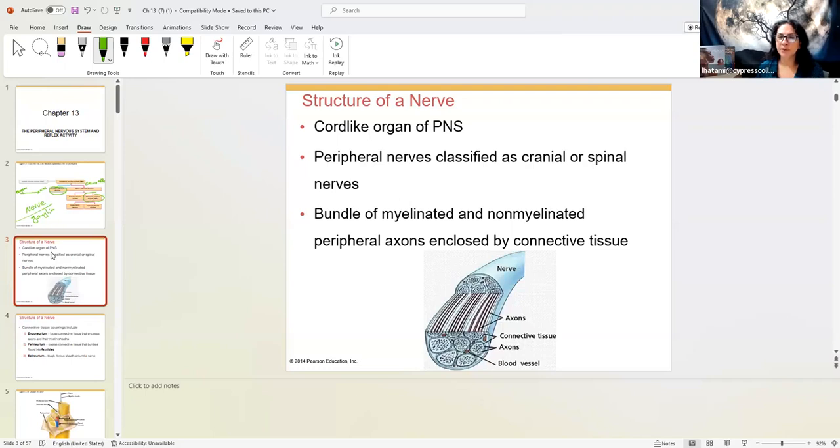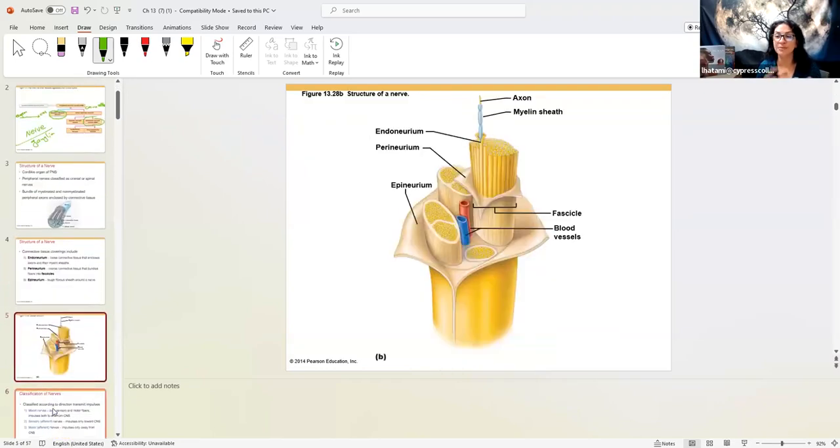As you remember, if you cut a nerve, you can find different nerve fascicles, and each fascicle is composed of nerve fibers. This is a picture of the nerve, which we covered in the last session: a nerve is composed of different fascicles, and each fascicle is composed of thousands of nerve fibers or axons, which can be myelinated or unmyelinated. There is also some connective tissue related to the nerve.